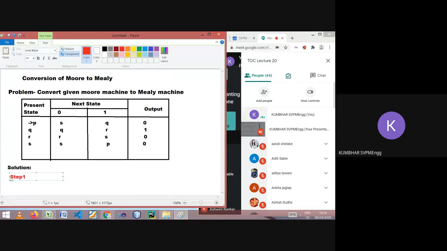Step 1, I am writing it: moving output associated with a state to transitions entering into that state.